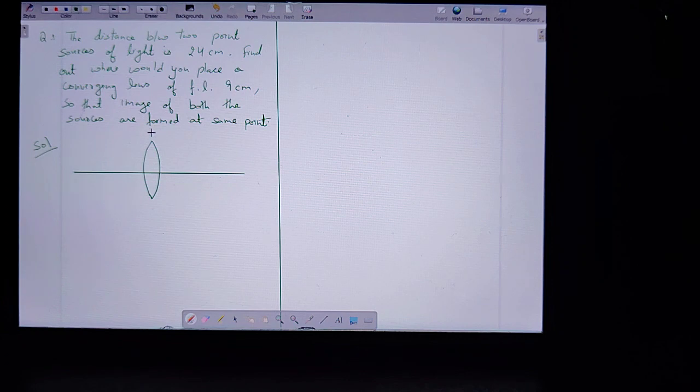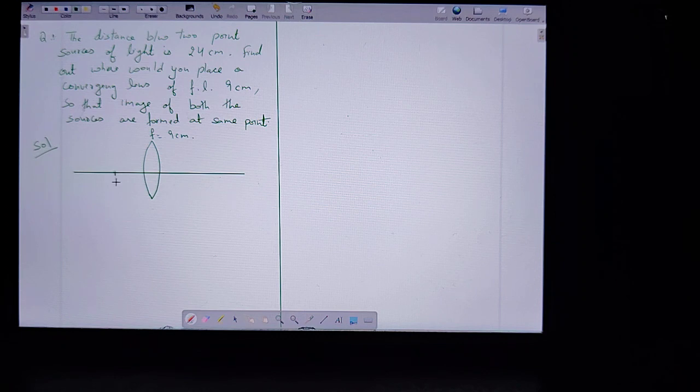The focal length is given to be 9 centimeter, and separation between the two is 24 centimeters. So clearly for one the distance will be less than 9, for which the virtual image will be formed. Another one will be more than that.